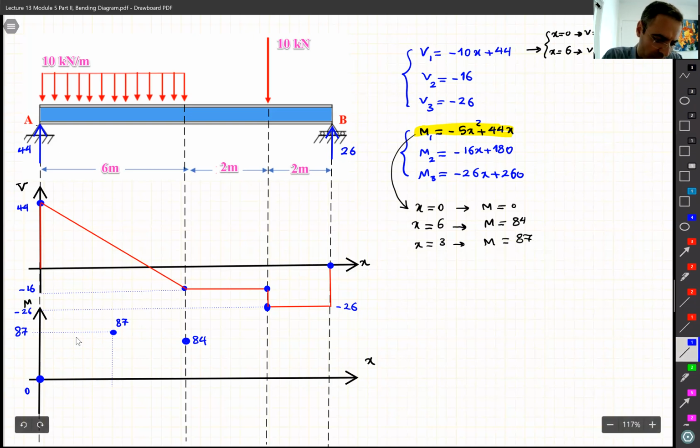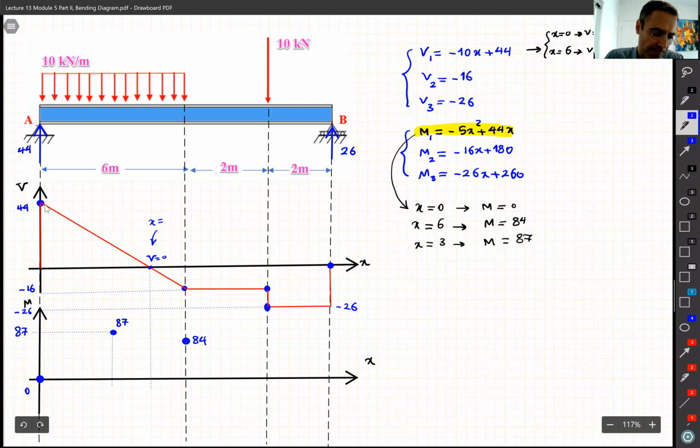Maybe this point when V is 0, right? Here V is 0. See this point? It crosses the axis. We are curious to know, when V is 0, what is M? But we don't know the X for this point, right? How can we find X for this point?